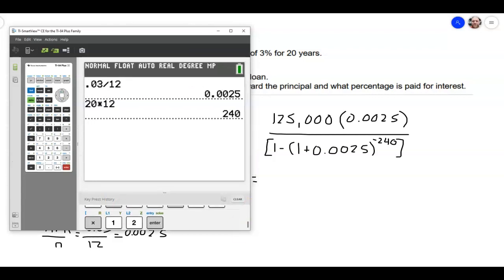Okay, so on the top, that is 125,000 times 0.0025.